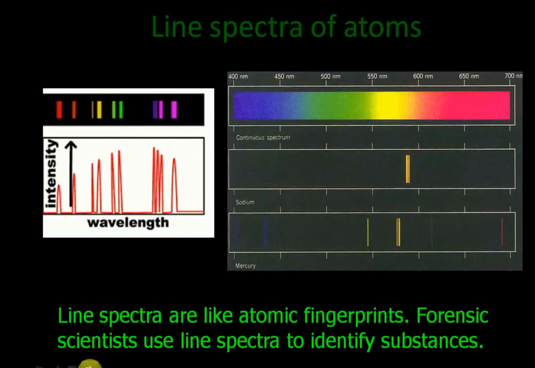Line spectra are like atomic fingerprints. We can say that the line spectrum is the DNA of a substance or matter or an element. Forensic scientists use line spectra to identify the substance. So this is all about line spectra of the substance, and as we have gone through, the line spectra are related to the atomic state of the matter.